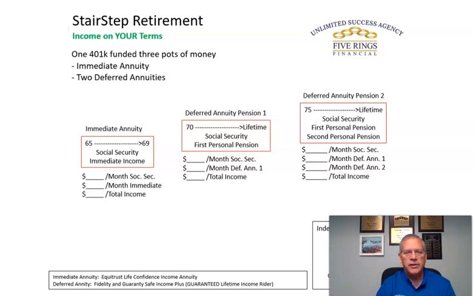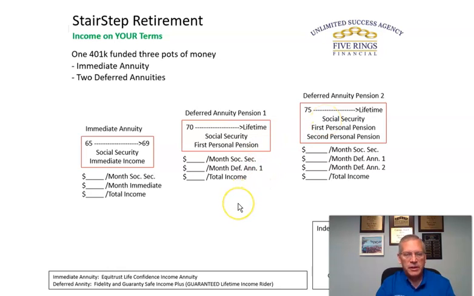He wanted $1,400 a month. So with him, we set up an immediate annuity. So he was getting Social Security, he was getting the $1,400 a month, and then we could write down his total income. Then we took the rest of his money and set it up in 2 Safe Income Plus plans.